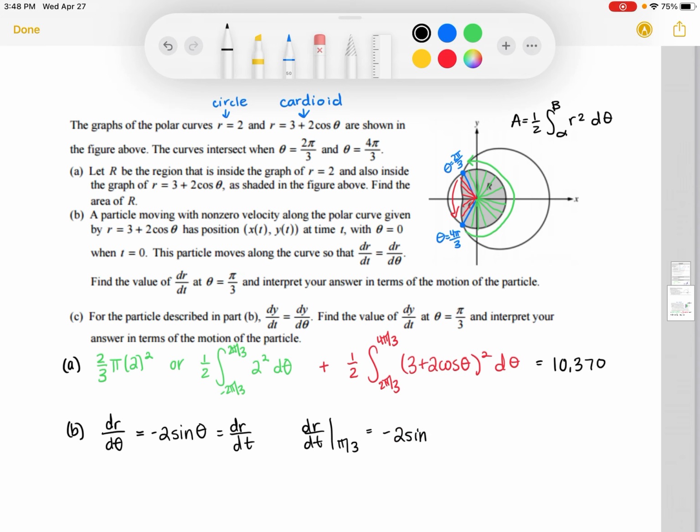Sine of pi over 3. And that gives me negative 1.732. And we want to think about what that means.